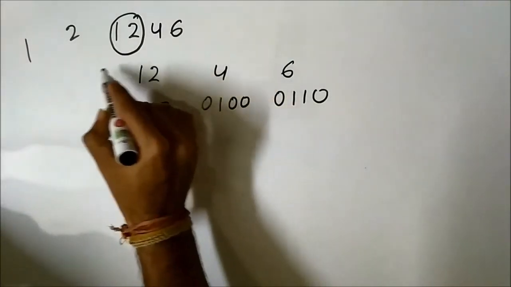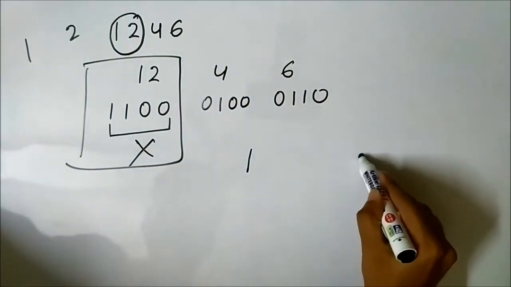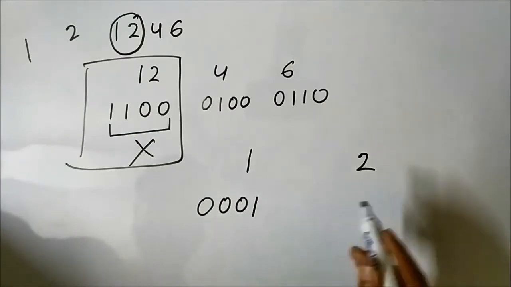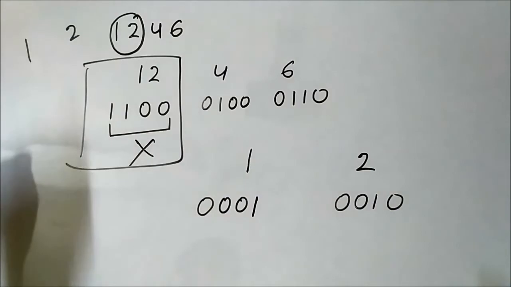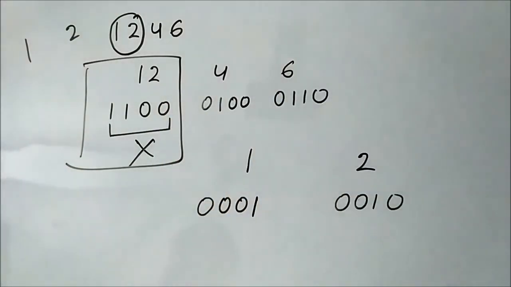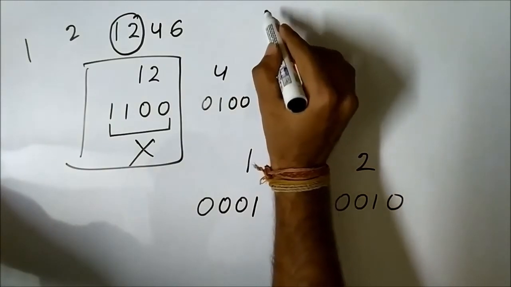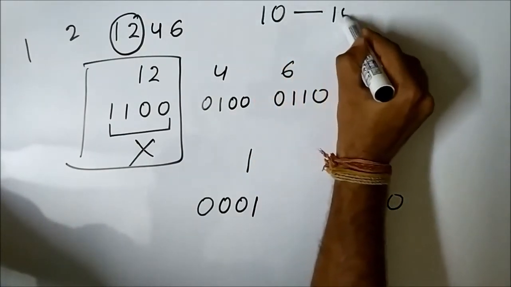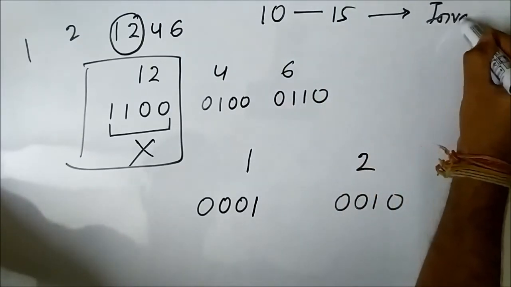We have to write this as 1 and 2 separately. We have to write it as 0 0 0 1 and 0 0 1 0, not as this. And 4 and 6 are okay. This is because the codes from 10 to 15 are invalid in BCD system.